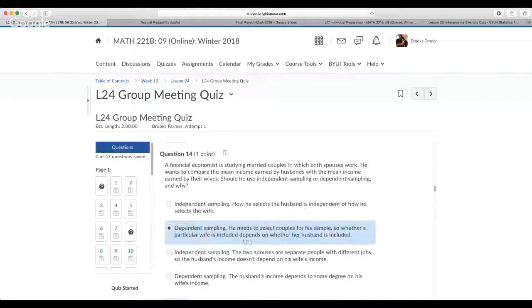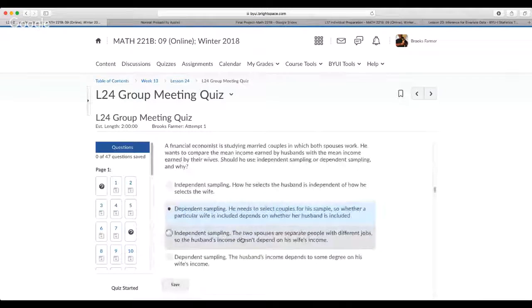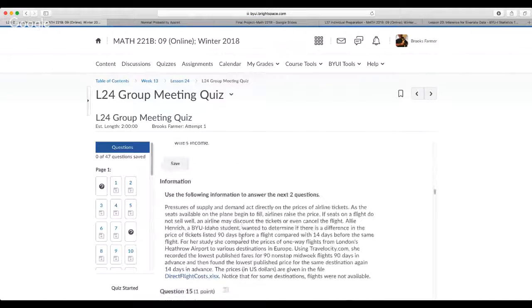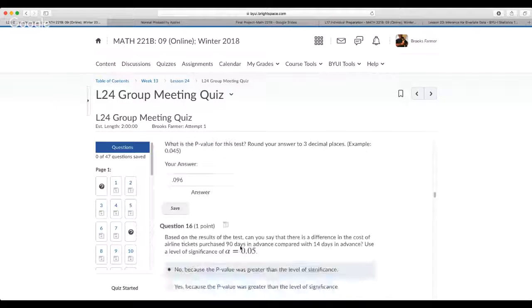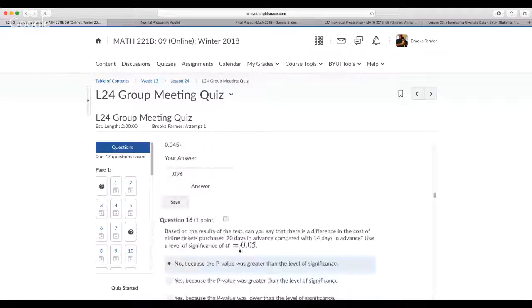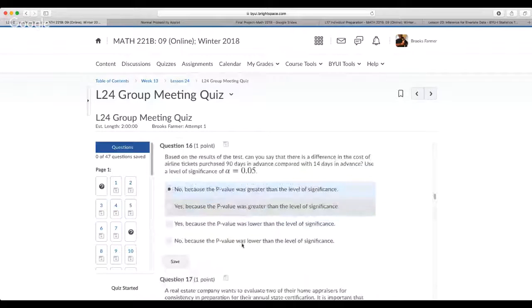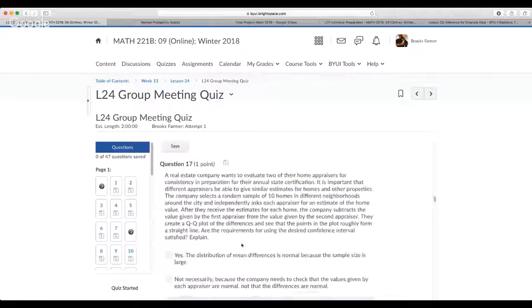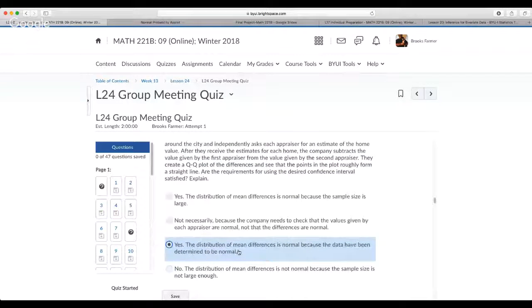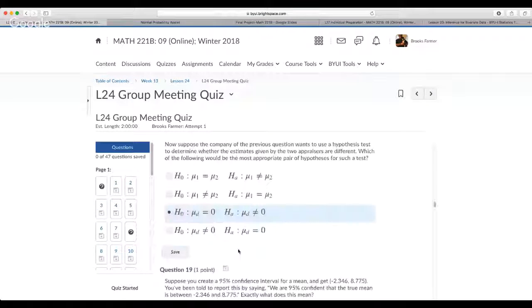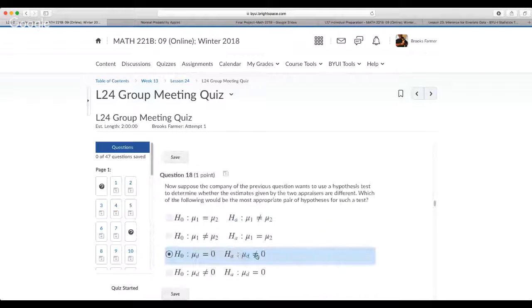He needs to select couples for a sample, so yeah. 15 is 0.096. 16 is A. 17 is C. 18 is, sorry, I was waiting for your confirmation.